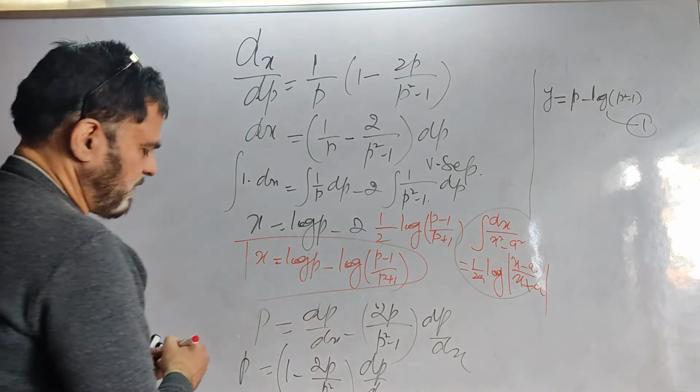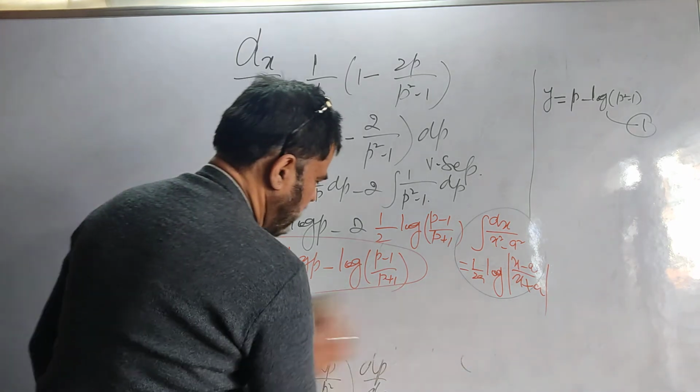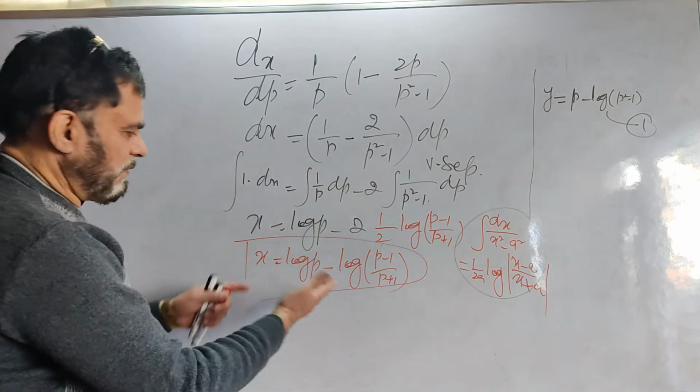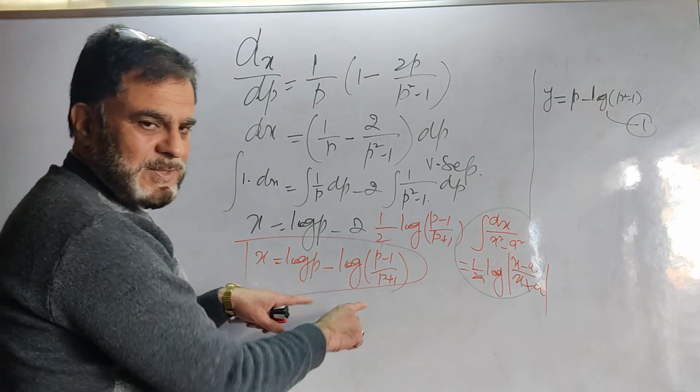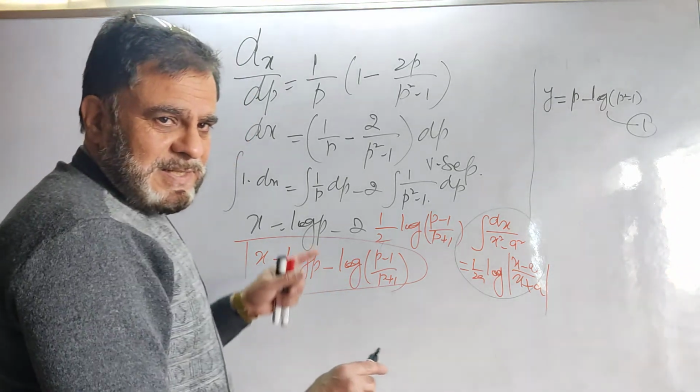What do you do here? It is difficult to eliminate p. I deliberately took this question where you cannot eliminate p. It is difficult to eliminate p here, but x is in terms of p. What will be your solution? You cannot eliminate p directly, it is time consuming.